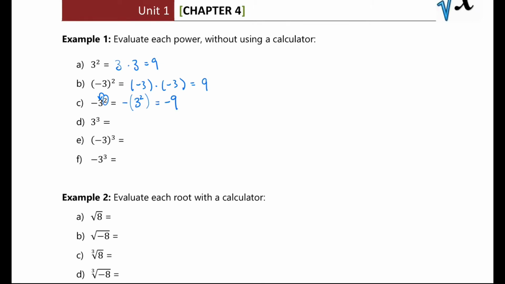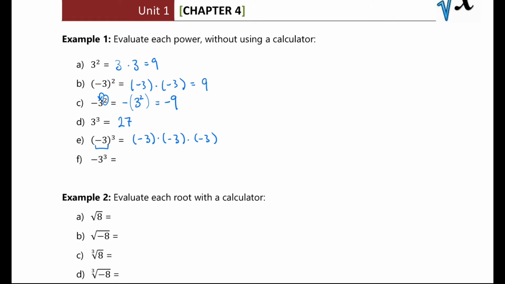Part D. 3 cubed is 27. 3 times 3 times 3 is 27. And part E, negative 3 to the power of 3. So notice that the base now is negative 3, not just 3. So we are saying this is equivalent to negative 3 times negative 3 times negative 3.